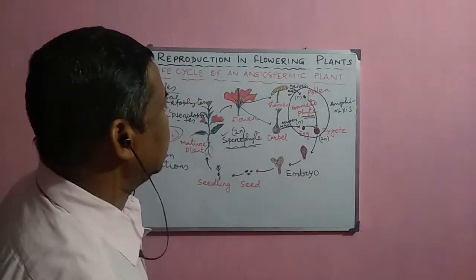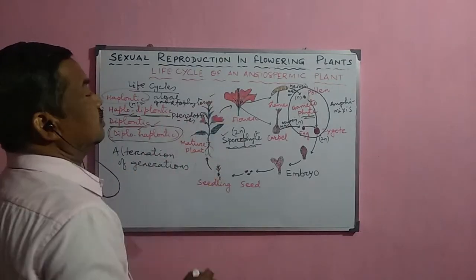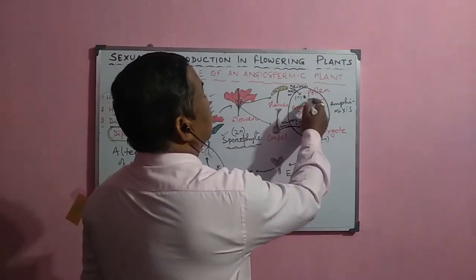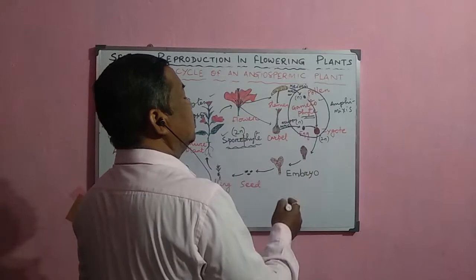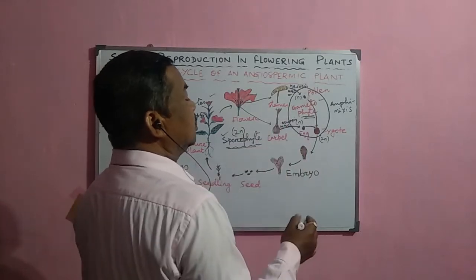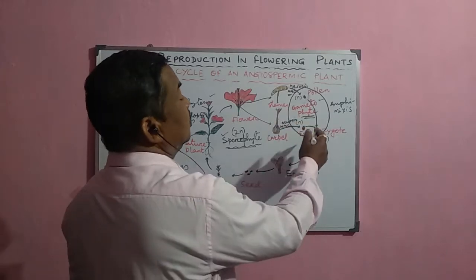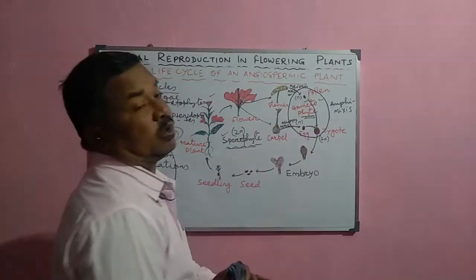In the sporophytic generation, the main plant is observed in the case of angiosperms. In the gametophytes, the male gamete develops from the microspore, the pollen grain, and the female gamete, the egg cell, develops from the megaspore. These two gametes fuse together to form the zygote. So this phase is called the gametophytic phase.